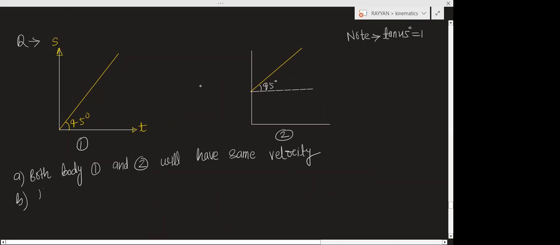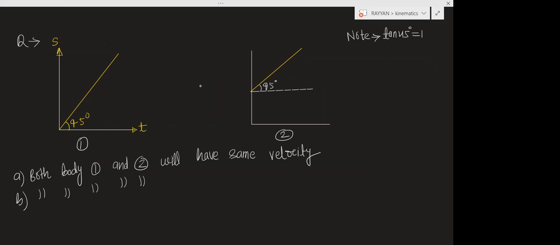Option B: both body 1 and 2 will have different velocity.